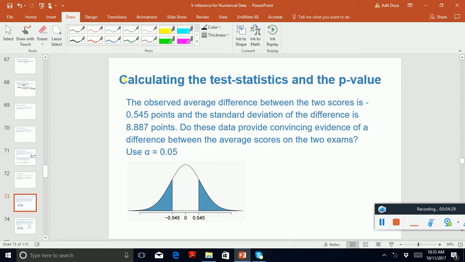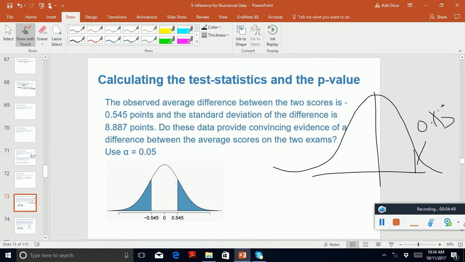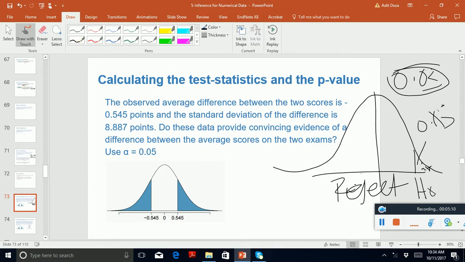So if the p-value is small, less than 0.05, then we usually reject the null. So if I draw a normal distribution and let's say the cutoff is 0.05, and we get a smaller p-value, let's say 0.03 for example from our calculation, then we reject the null hypothesis.